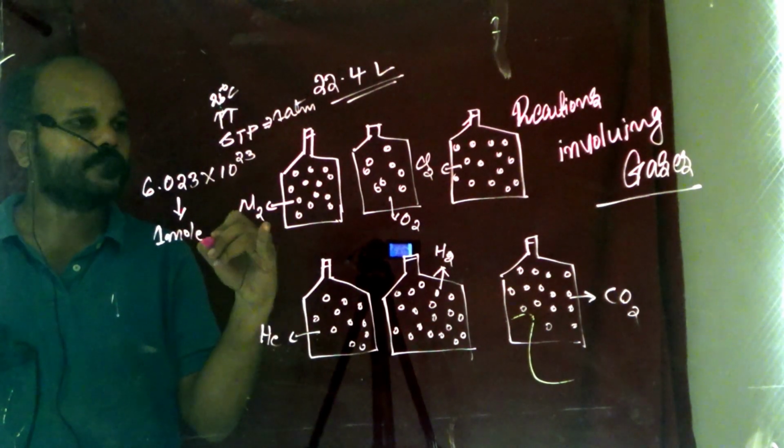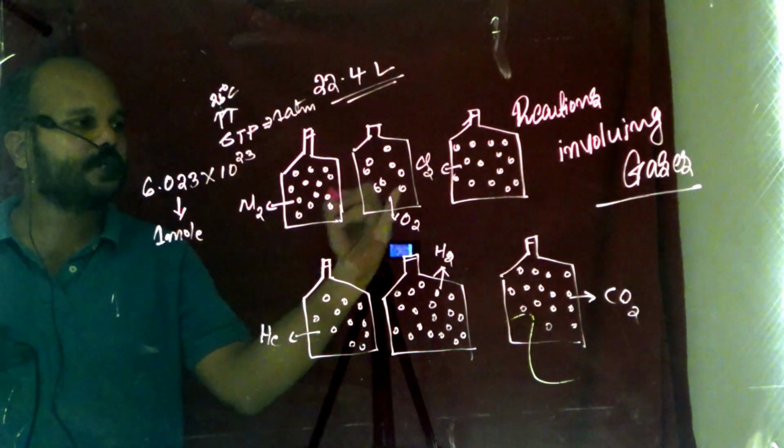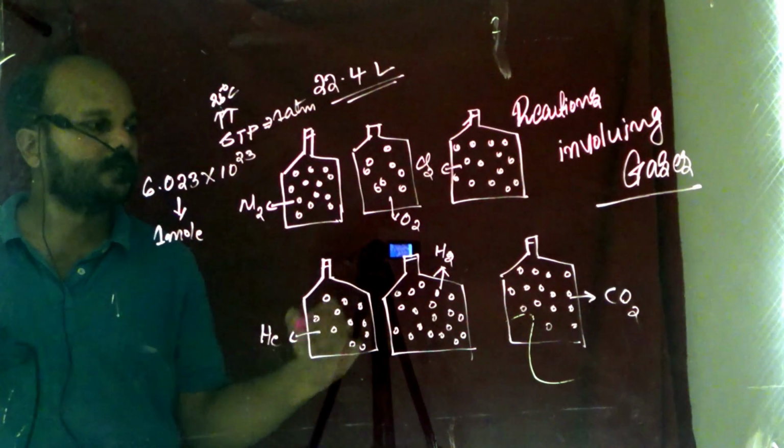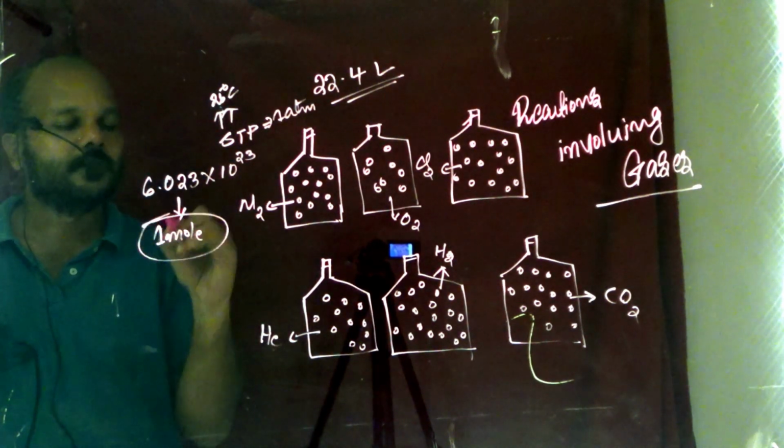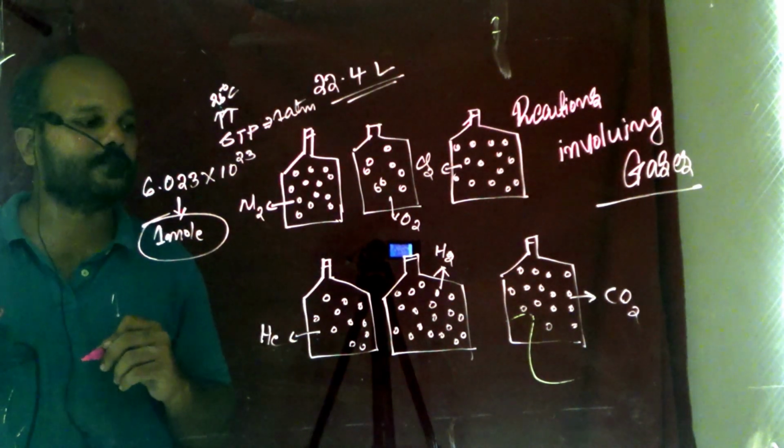So in nitrogen, oxygen, chlorine, helium, hydrogen, and CO2, there is 1 mole of the gas present.